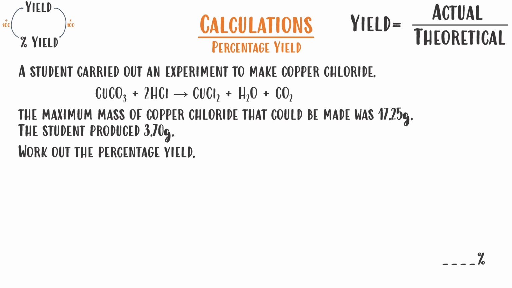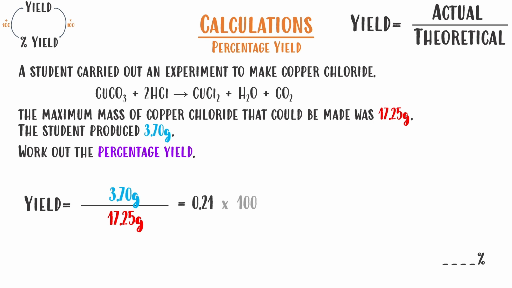So, once again, we'll start off with highlighting the key values, 17.25 grams for the theoretical and 3.7 grams for the actual. We'll start off with the equation and substitute our values in once again. Carry out the calculation and then multiply by 100 to get the percentage yield, giving us 21%.